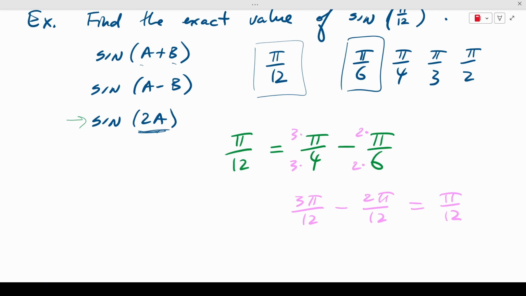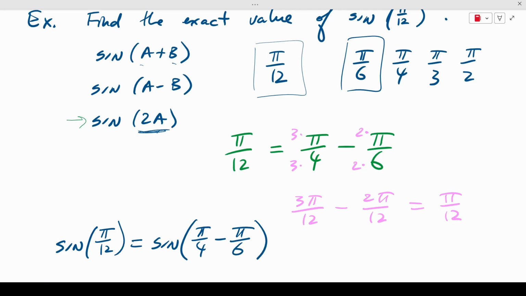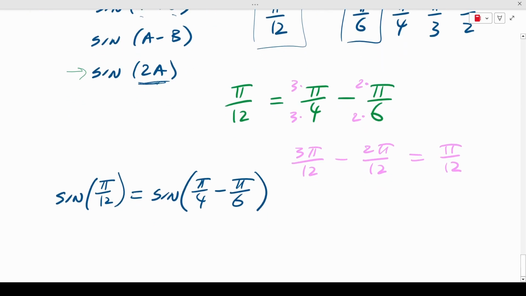I can say that sine of pi over 12 is identical to sine of pi over 4 minus pi over 6. And so therefore, that's identical to the sine difference identity.